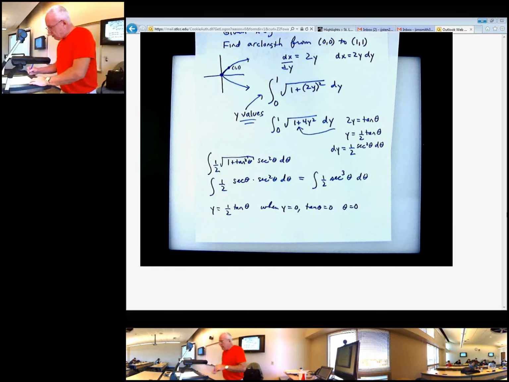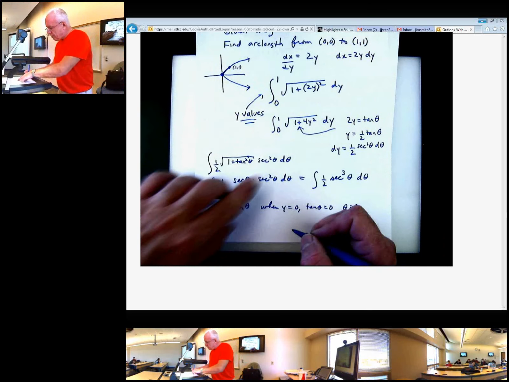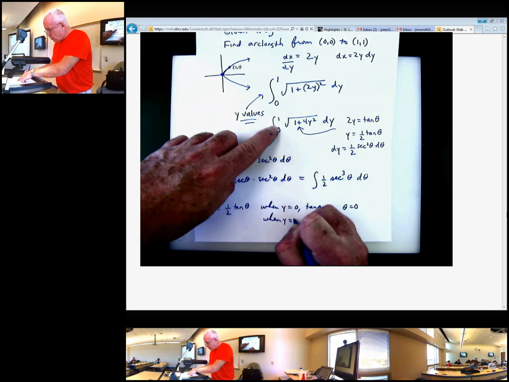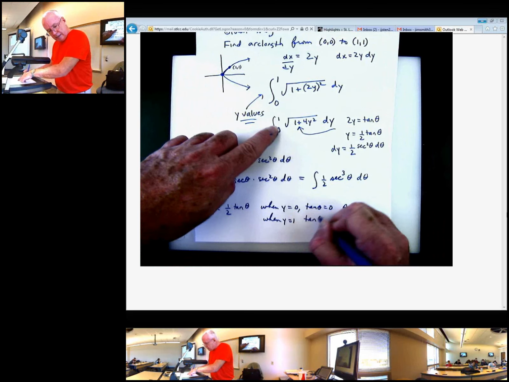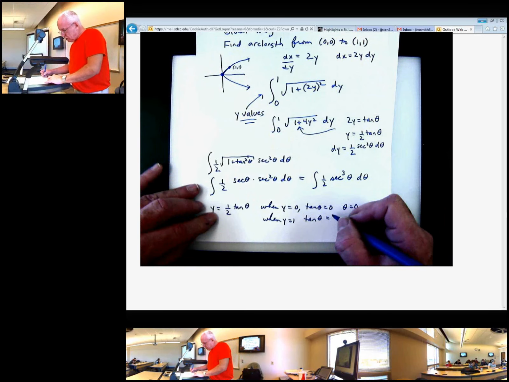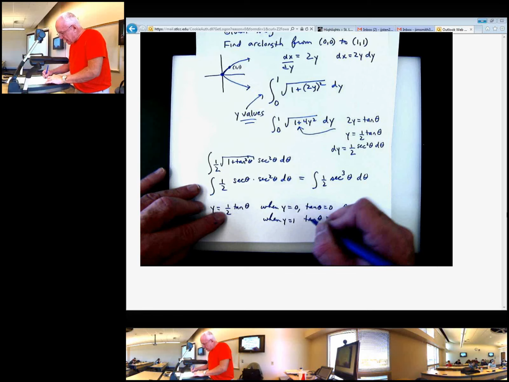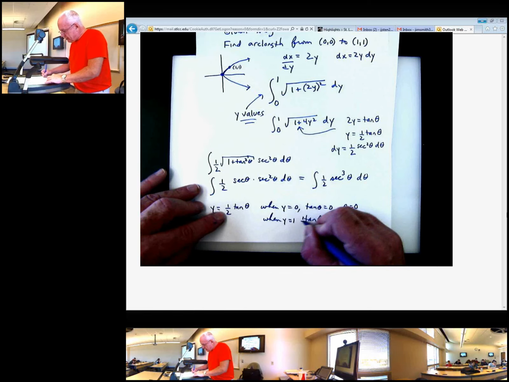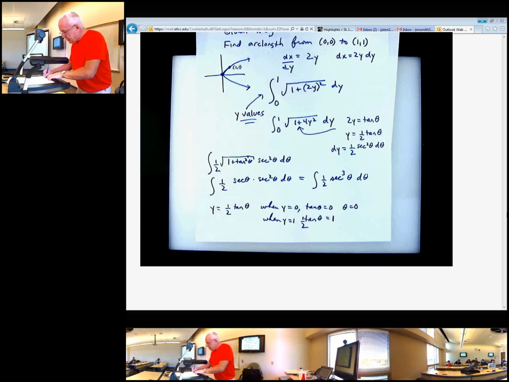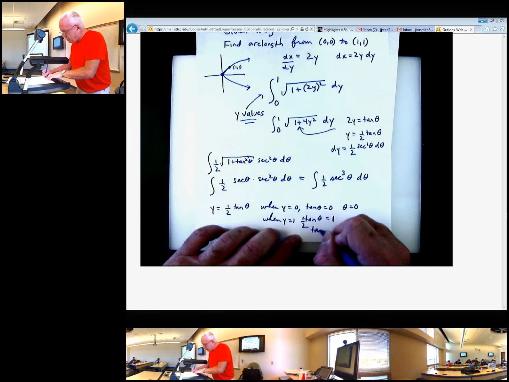And then let's look at the other one. When y is equal to 1, we have 1/2 the tangent of theta is equal to 1. So that means tangent of theta is equal to the number 2.